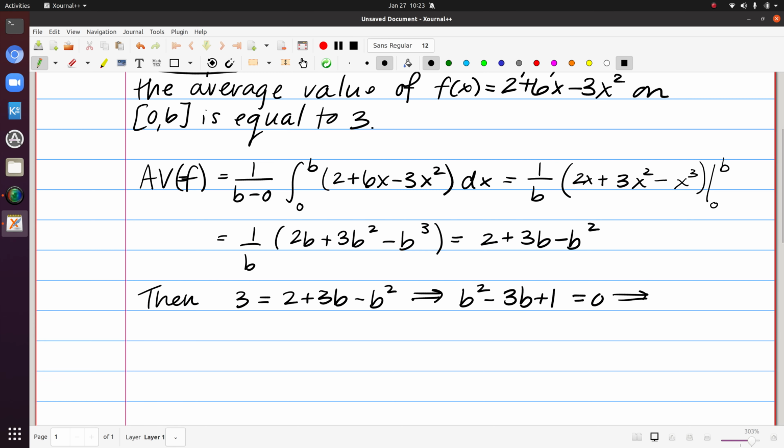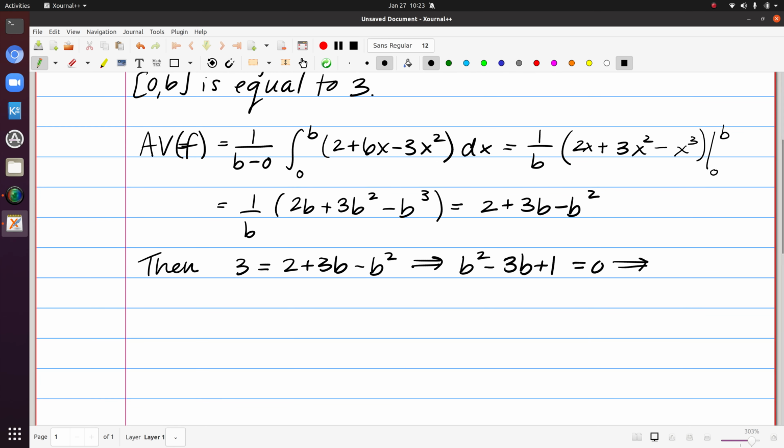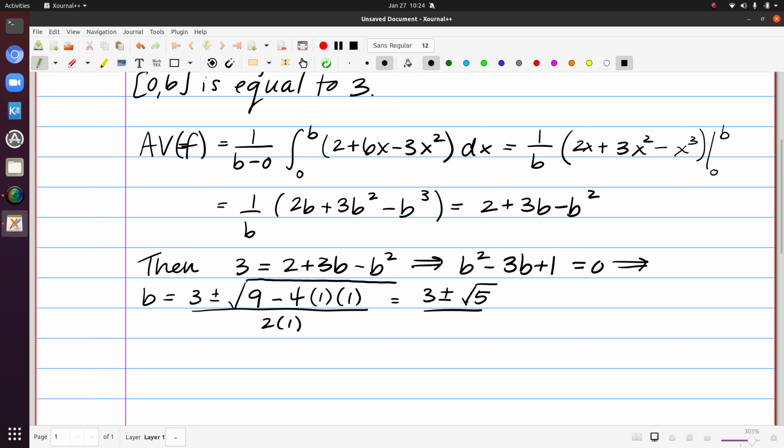So let's think about using the quadratic equation. We've got b equals 3 plus or minus the square root of 3 squared, so 9, minus 4 times 1 times 1, all over 2 times 1. So this becomes 3 plus or minus the square root of 5, all divided by 2.